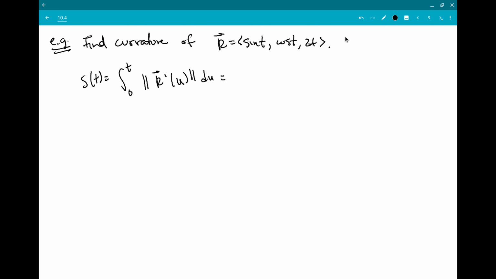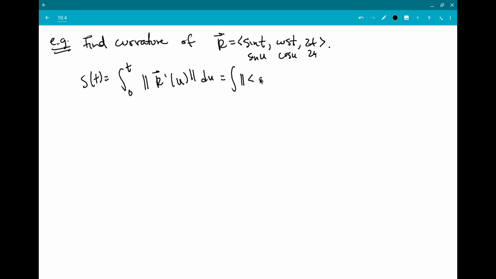So my r is sine t, cosine t, 2t. Writing u's in, that's sine u, cosine u, 2u. And I want to know the integral of the magnitude of that derivative.